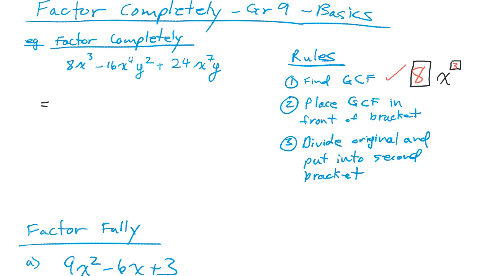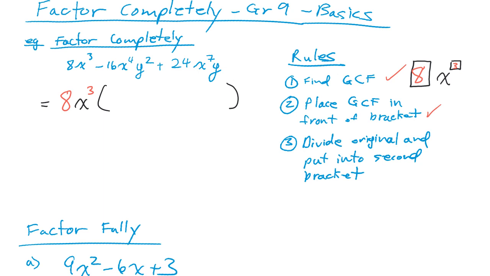Now, the second rule that we have to follow is we have to take the GCF and put it in the front of our work. So in this case, we're going to have 8x cubed in the front of an empty bracket. And we're going to imagine that our empty bracket is kind of like a garbage collector.